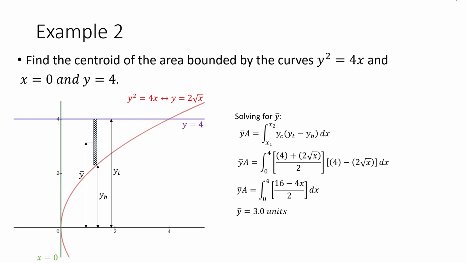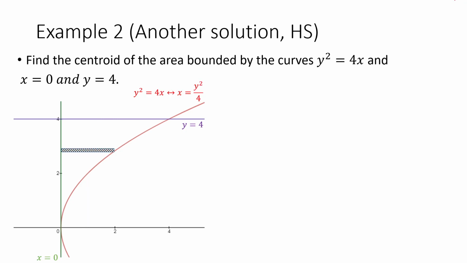Okay, so at this point, let's try solving it using the horizontal strip so that you can compare which is better, the horizontal strip or the vertical strip for this number. So going towards the horizontal strip, let's say this is our horizontal strip. The right portion is the red graph.